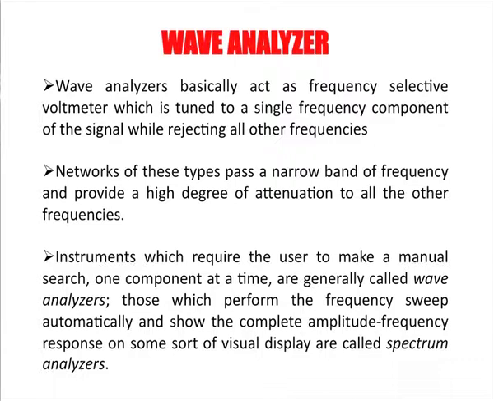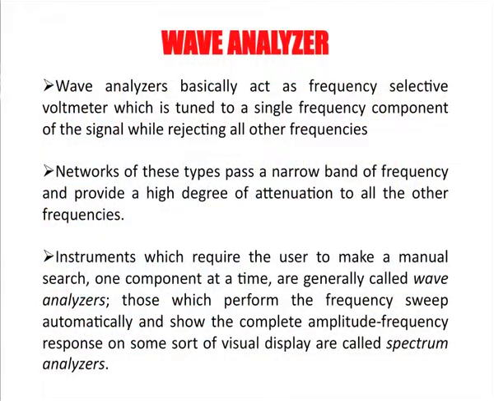Now, there are manual analyzers and there are automatic wave analyzers. Manual analyzers require the user to make a manual search. Manual search means tuning the frequency one by one. We vary the value of either R or C of the filter, tune one of the frequencies and measure its RMS value. Then again we vary the values of R and C, and measure its RMS value.